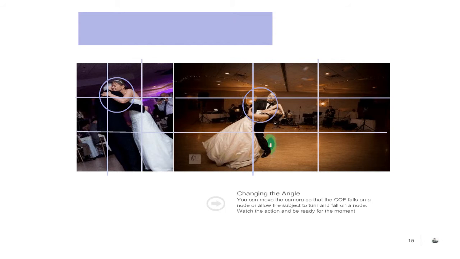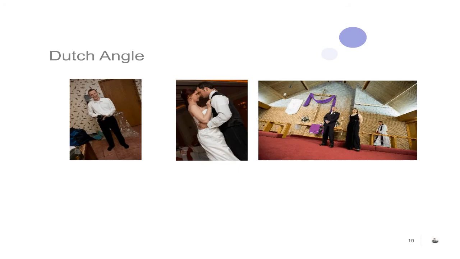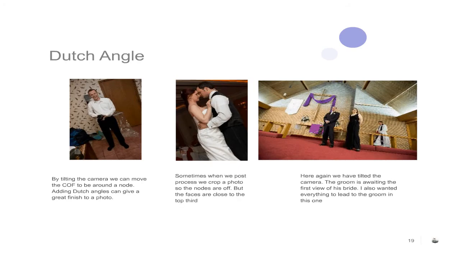So taking an image at a tilt, and you can do this both in videography and photography, take an image at a tilt and place them so that the point of focus is now at a node point. Here I've given some more examples of Dutch angle, and you can see that we have tilted the camera and taken images at a tilt.